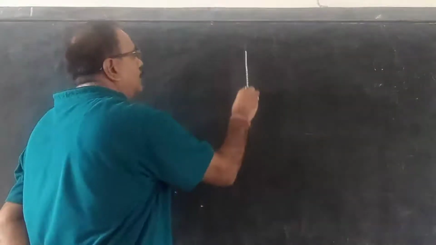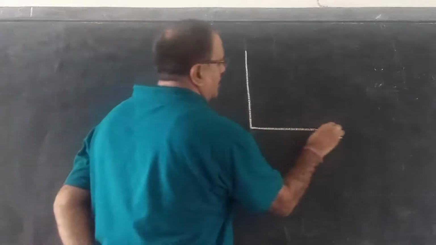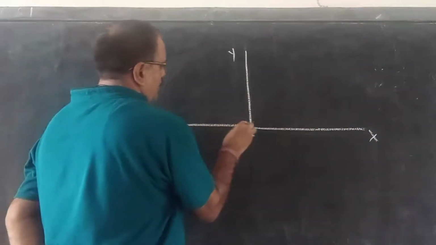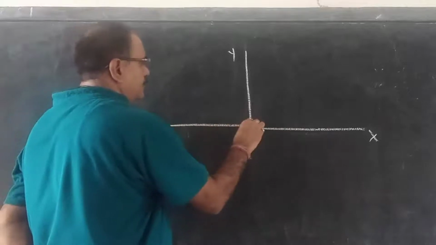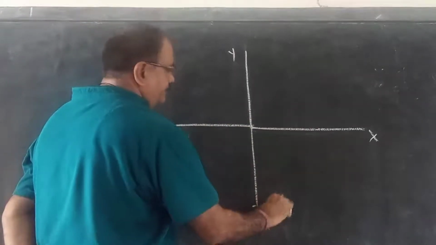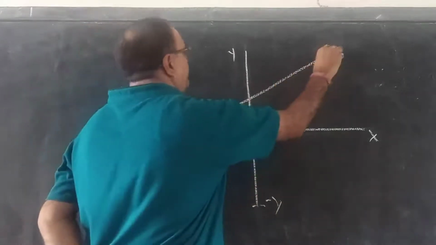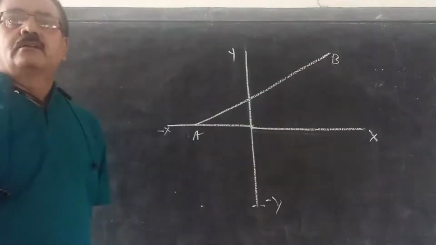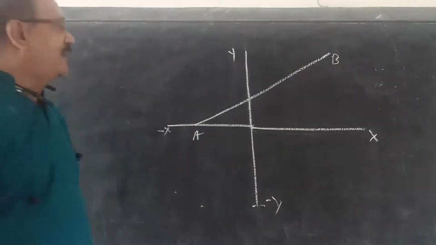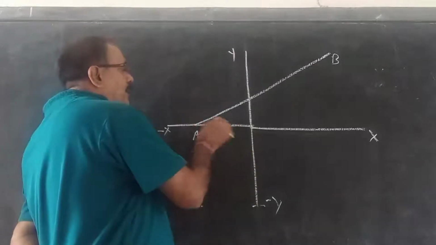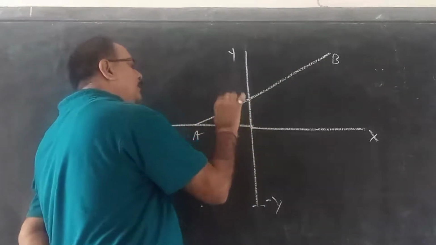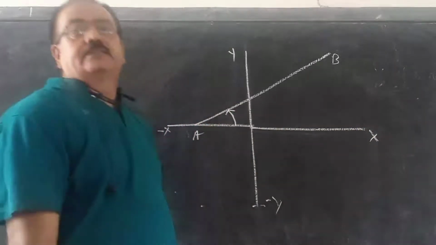This is x, this is y, this is negative x, negative y. This line AB, straight line AB makes an angle with the x-axis.